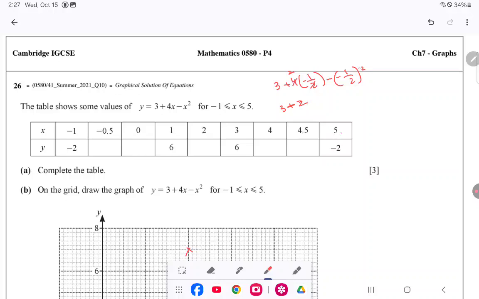This square will make the half positive, and then positive into negative will be negative of 1 over 2.